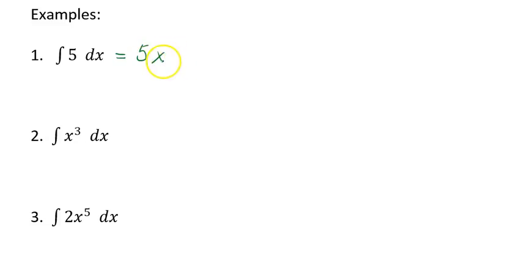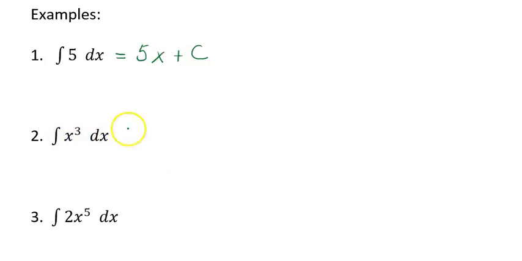But that 5x would still have a derivative of 5 if it had any number added or subtracted onto it, because the derivative of a plain number is 0. So when we go backwards, we have to put plus c, and that stands for any number, positive, negative, whatever, that the derivative would be 0. So it could have been any version of 5x plus a number.